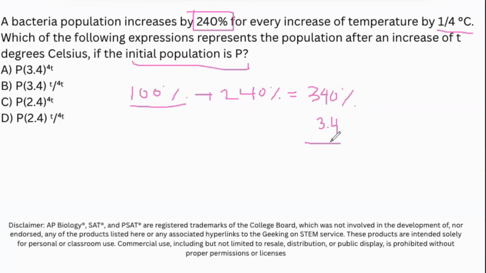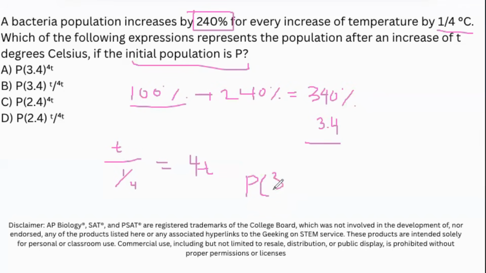So if we have the number of intervals, we can say that the initial interval is t. And then we are increasing by 1 over 4. We can go ahead and divide this together. And when we go ahead and do that, you'll end up getting 4t. So technically, we are starting out with our original population.